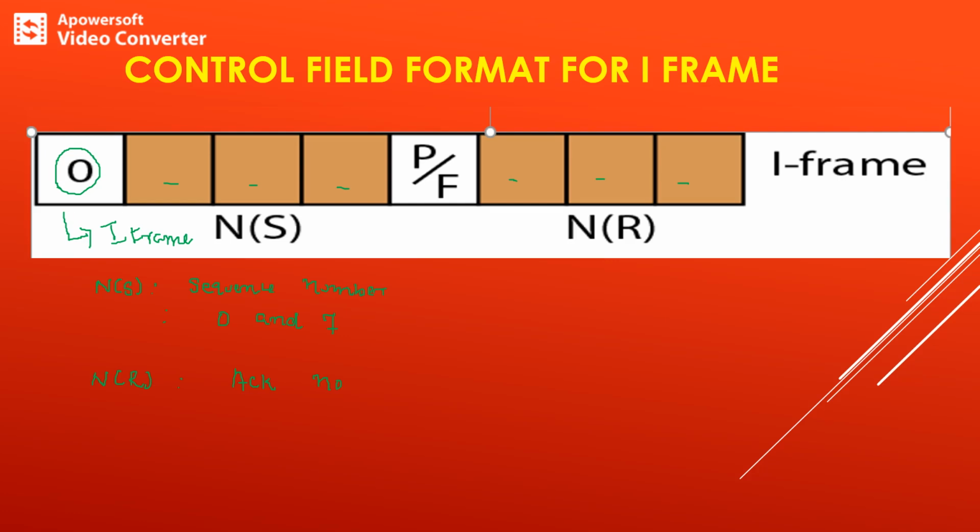In between N(S) and N(R), we have one more field called P/F. This field is nothing but poll/final. This field can be set to 1 whenever either the primary is sending the data or the secondary is sending the data.